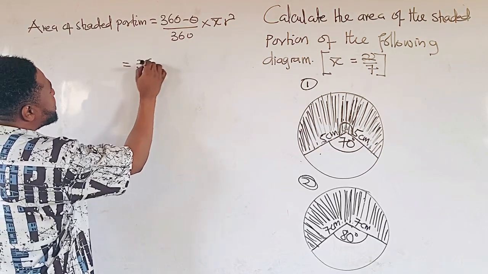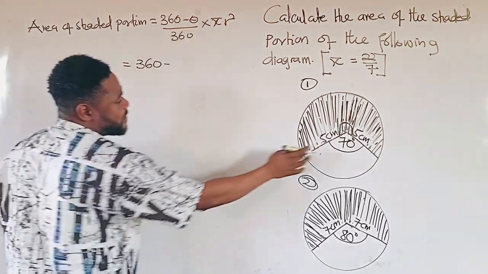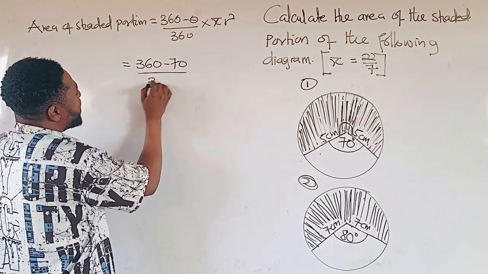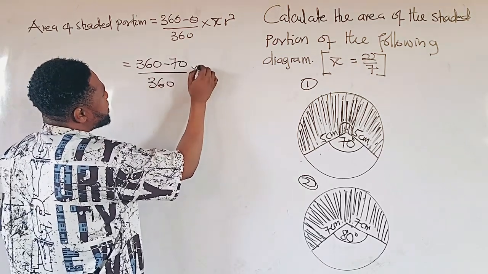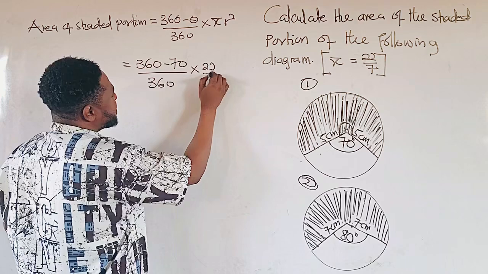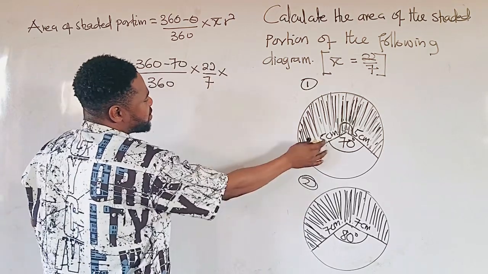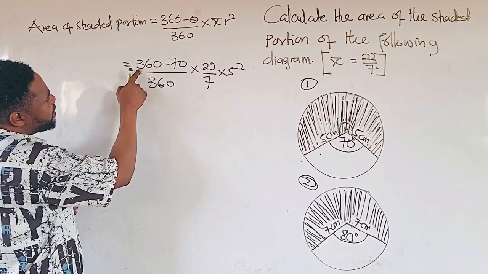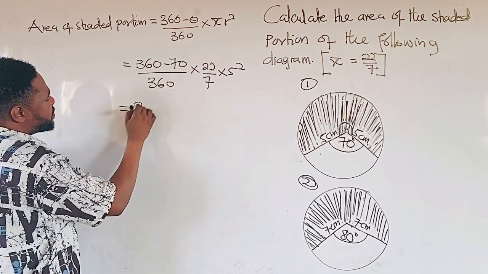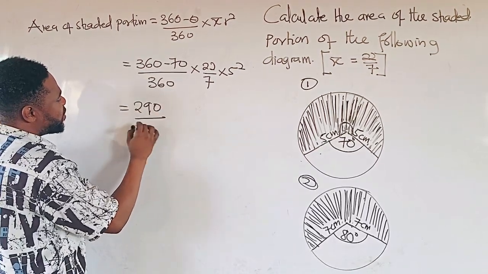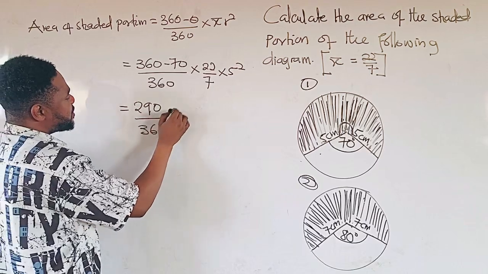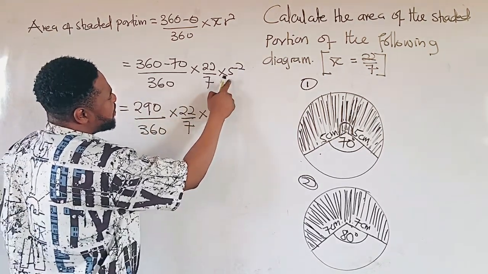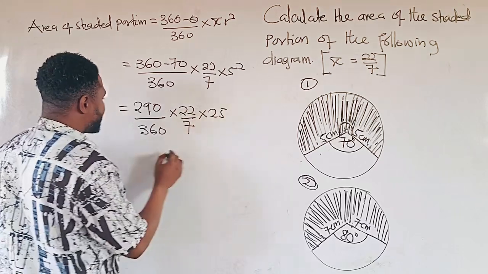So we have 360 minus our theta, which is given here as 70. So we put our 70, all divided by 360, times pi, which is 22 over 7, times our radius, which is 5. So we have 5 squared. Viewers, 360 minus 70 will give us 290, all divided by 360, multiplying 22 over 7 times 5 squared, which will give us 25.